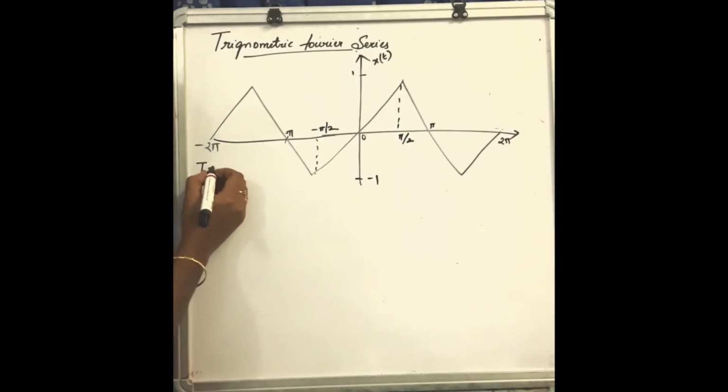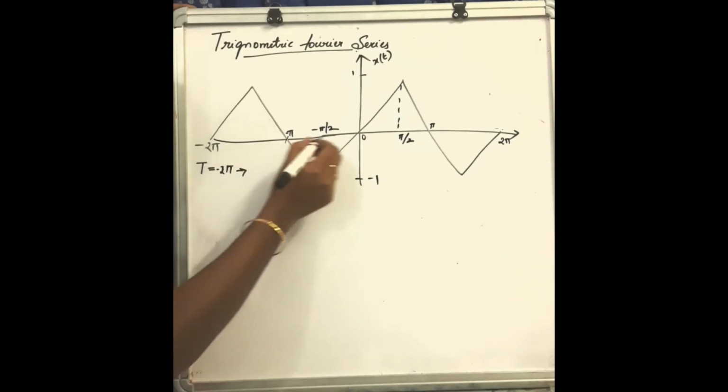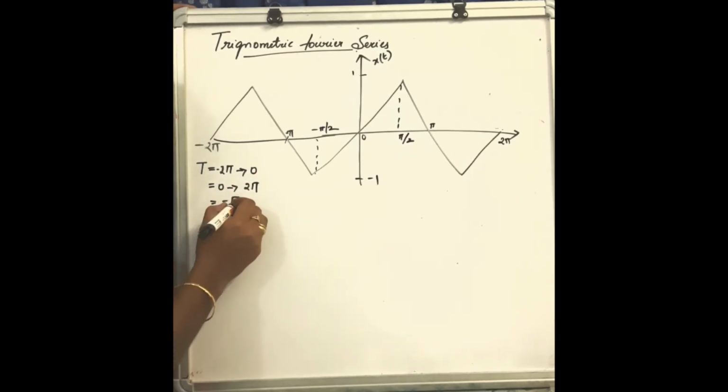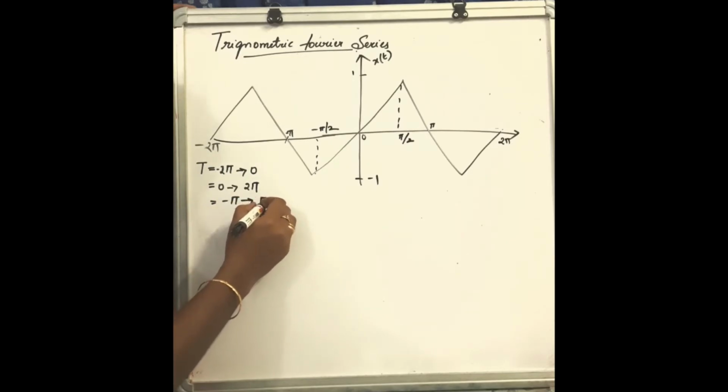This is a periodic continuous time signal. Now here the t can be from minus 2 pi to 0. It can be from 0 to 2 pi. It can be from minus pi to pi.